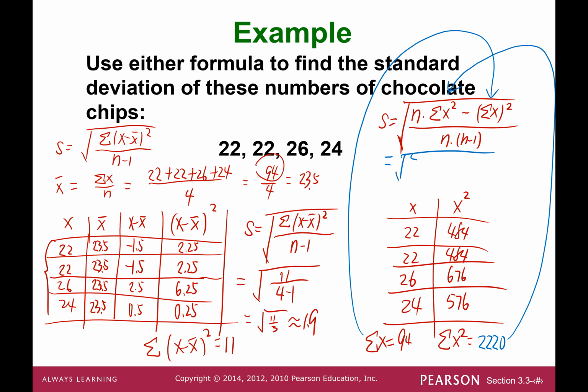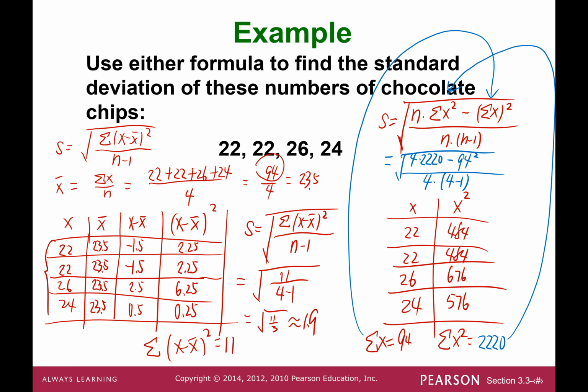So this becomes 4 times 2220 minus 94 squared, divided by 4 times 4 minus 1. Let's simplify that: 4 times 2220 minus 94 squared, divided by 12.